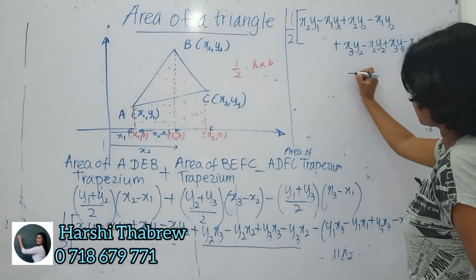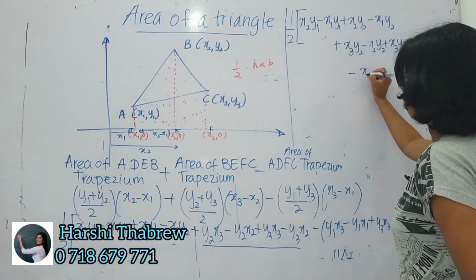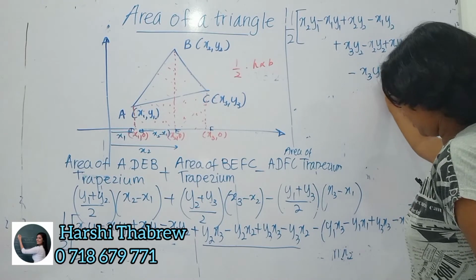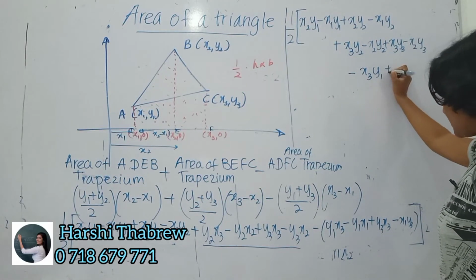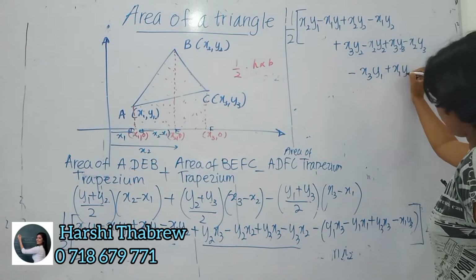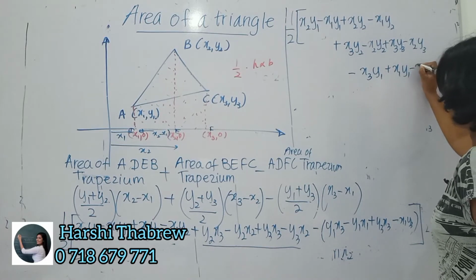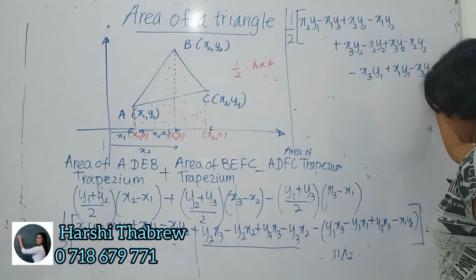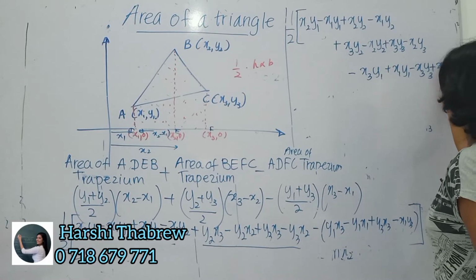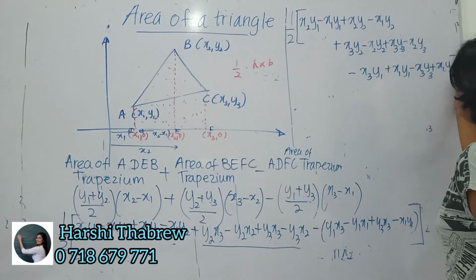Then minus x3 y1 plus x1 y1 minus x3 y3 plus x1 y3.